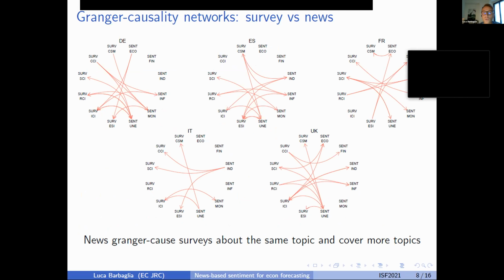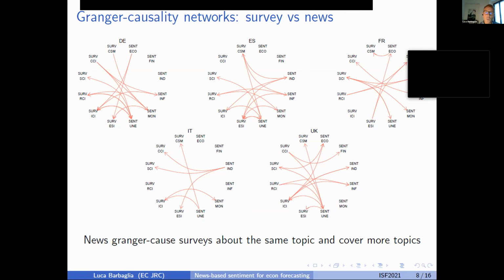What you see in a few words is that there are many more Granger causal relations going from sentiment measures to the surveys than the other way around. This might say that sentiment measures based on news have some additional predictive power over survey-based measures, so they can serve as a proxy for them.